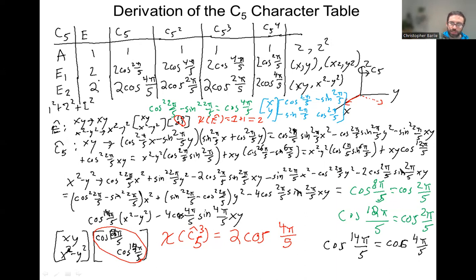Those are the dimensionalities squared, has to be equal to 5, which is the order of the point group, the number of operations of the point group. This is not true. Okay, something is wrong with our character table. These functions are transforming like this, but they're actually going to need to be split up into imaginary components. And so we'll do that in the next video.